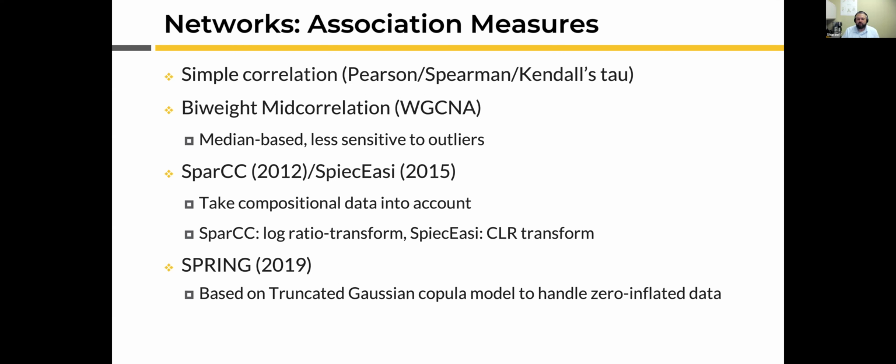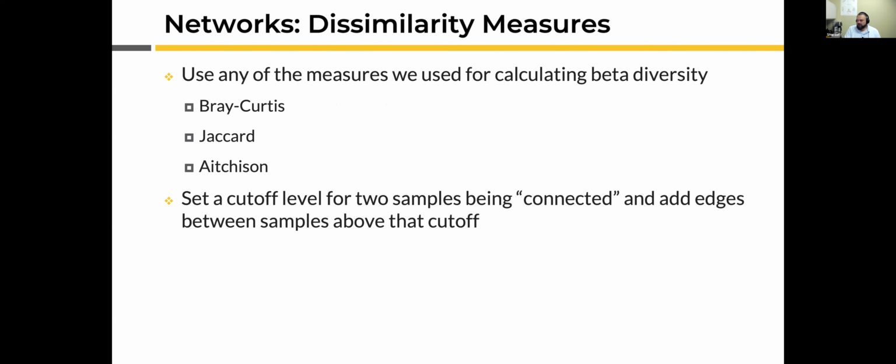So you can't just assume that your microbiome data is zero inflated. In fact, there's a paper I just remembered, I don't remember the actual title, but it's something along the lines of, is your microbiome data really zero inflated or not? So it's not always a useful assumption.